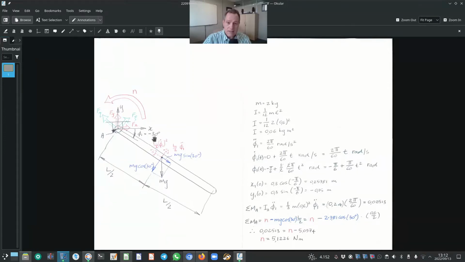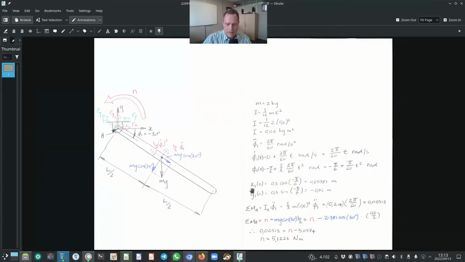Phi 1 initially is minus 30 degrees, that is minus pi over 6 radians, plus the integral, which is 1/2 times 2 pi over 60 times t squared radians. So the orientation of body 1 as a function of time is minus pi over 6 plus pi over 60 times t squared radians.